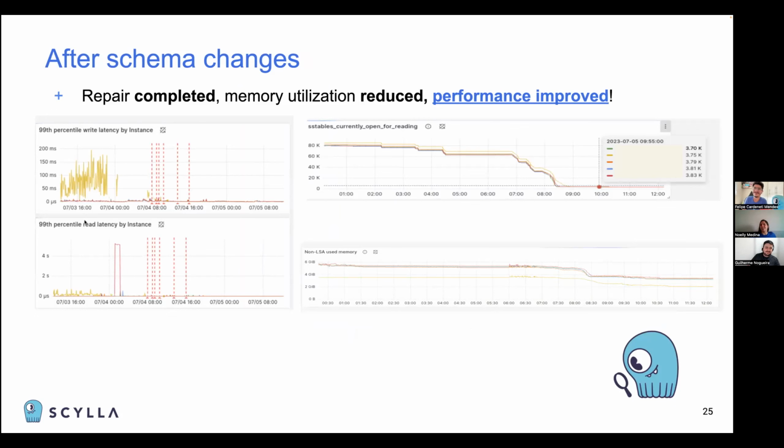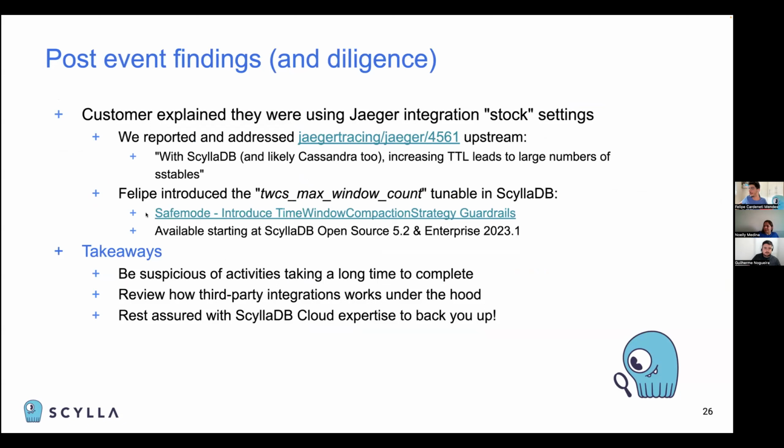Okay, so then what we did to try to solve the problem, right? Because then the repair completed and the memory utilization improved. As post-event findings, we tried to understand better from the customer about their use case.